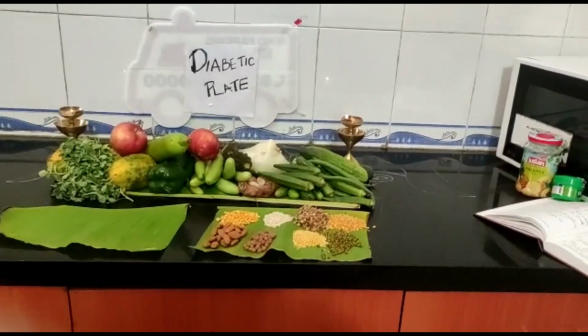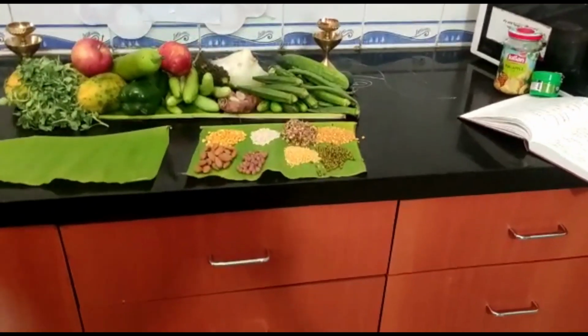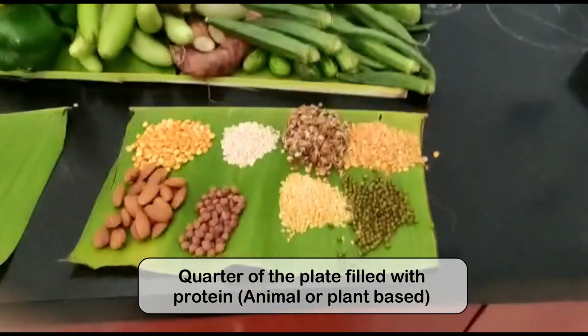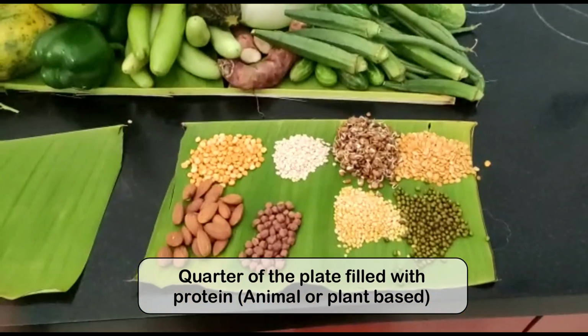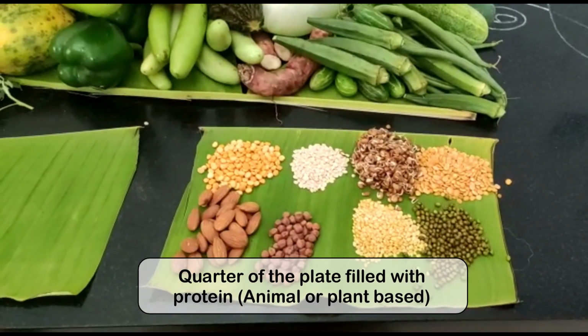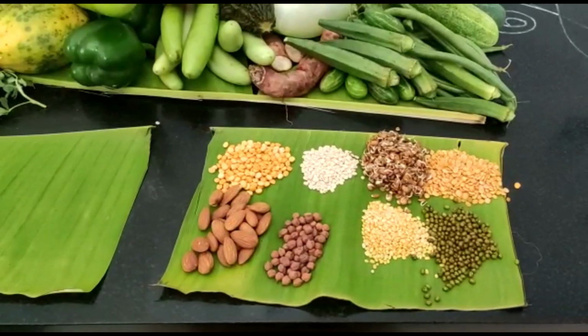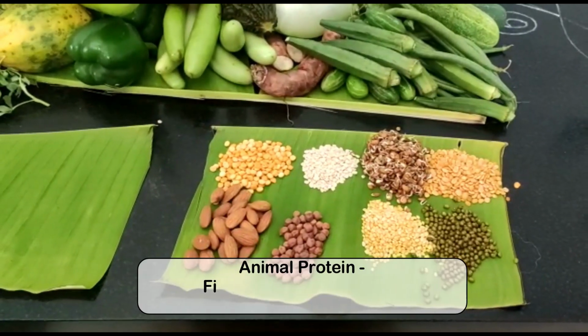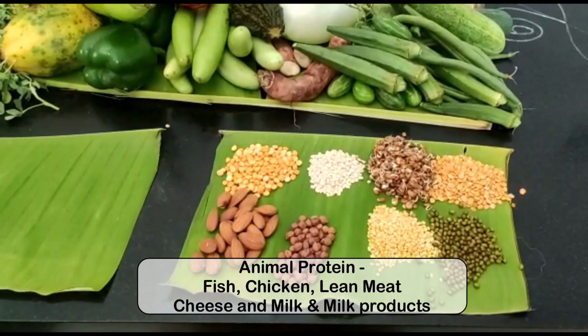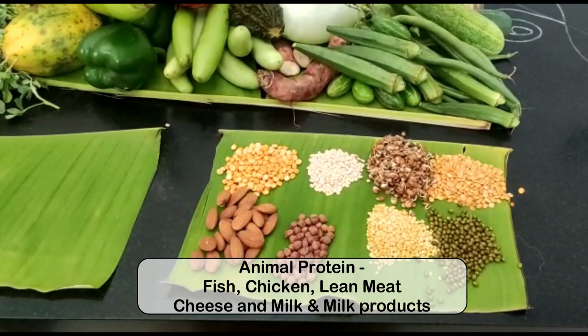Under the diabetic plate, fill 1/4 of the plate with proteins. It can be either animal protein or plant protein. Animal protein includes fish, chicken and lean meat, cheese as well as milk and milk products.